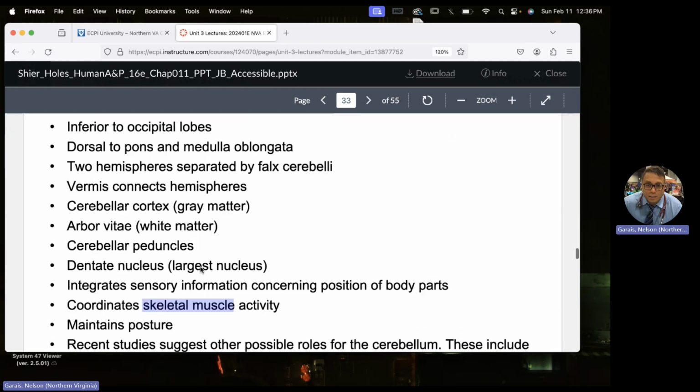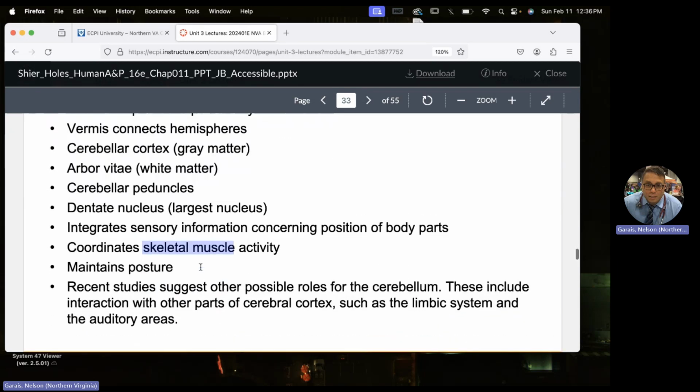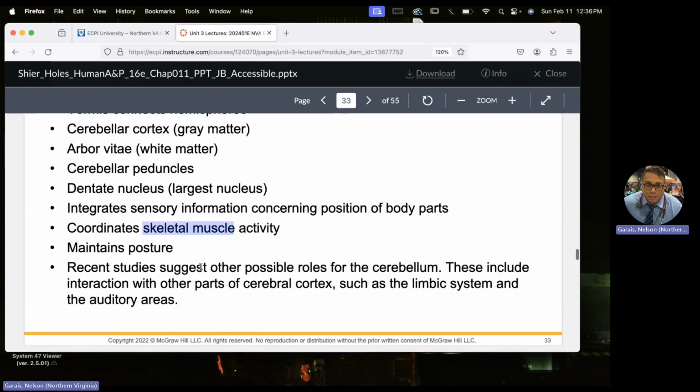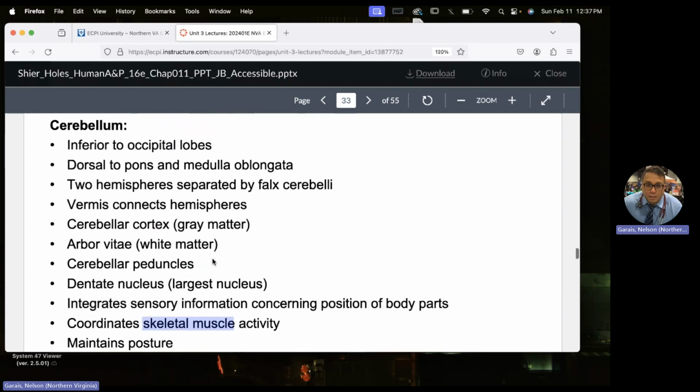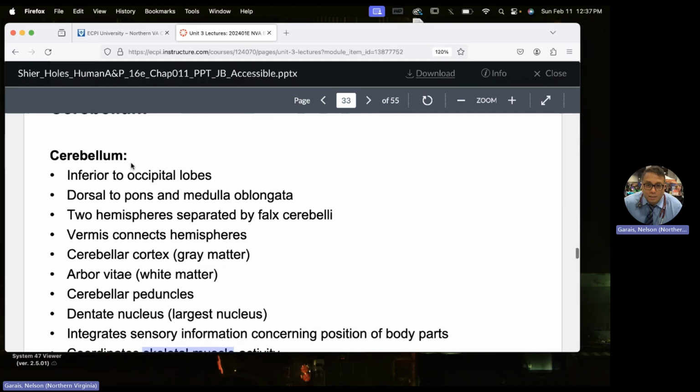Another thing that the cerebellum does is it makes your movements fluid. So it coordinates a lot with sensory, and you can see here it has a lot of coordination parts. But just know that the way you move, the fluidity of your movement, and also your posture, is controlled by the arbor vitae, which is called your cerebellum.